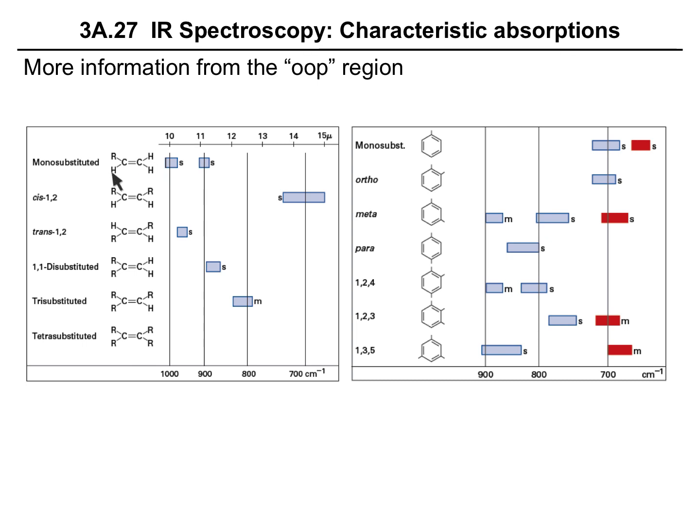So if we have 3 hydrogens and only 1 alkyl group, then we tend to get 2 strong signals. If we have 2 substituents on one alkene carbon and 2 hydrogens on the other alkene carbon, we tend to get 1 signal a little bit below 900.